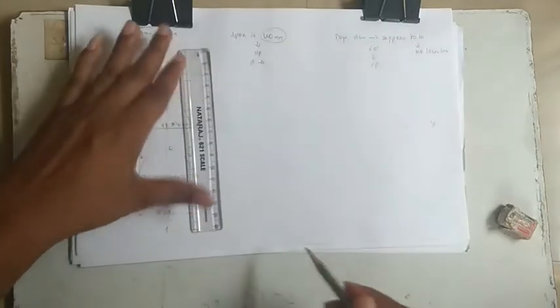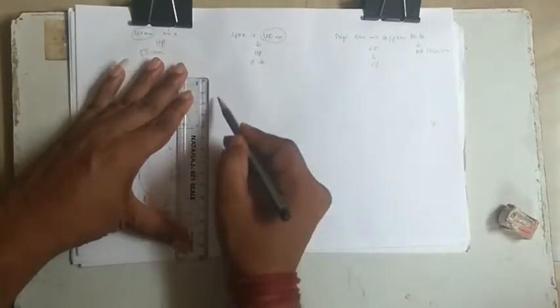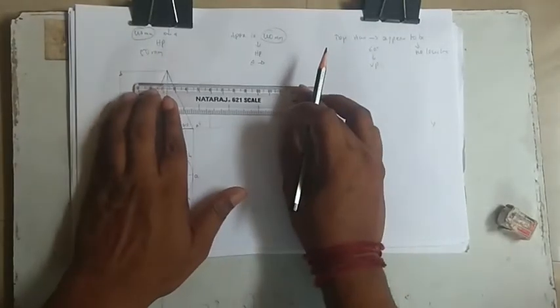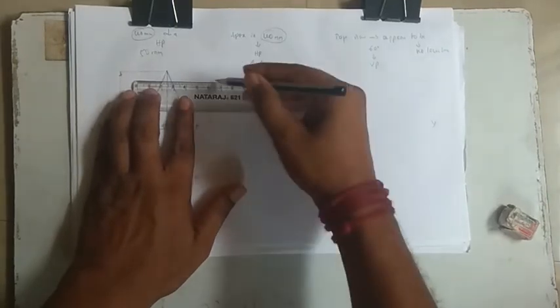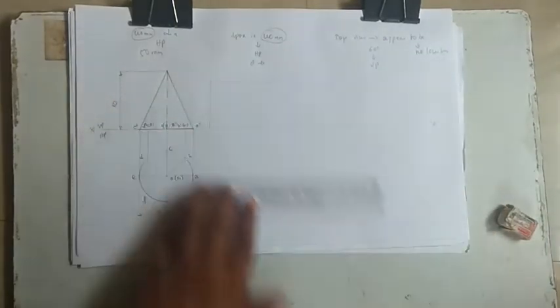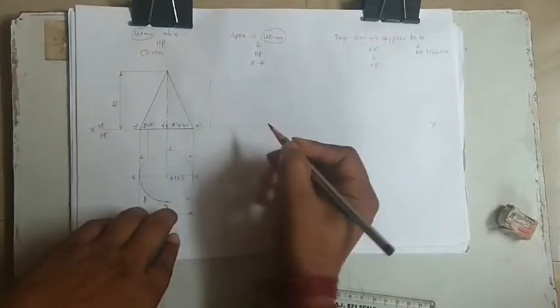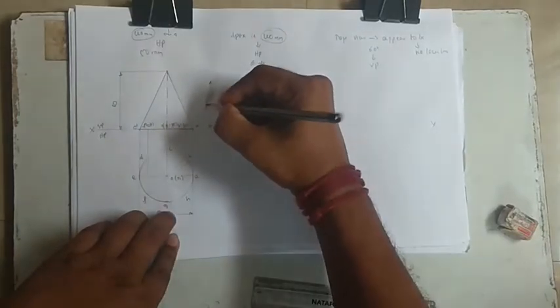For that, first you need to take 40 mm above HP, and you just need to drop one horizontal line, a little bit. Okay, so take any one reference point somewhere here. So this is what we have taken, it's 40.